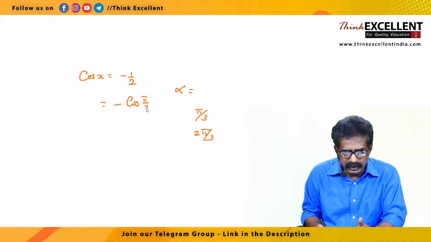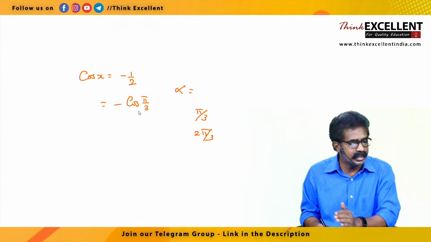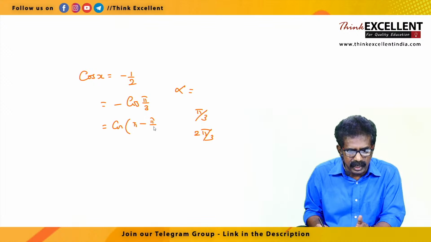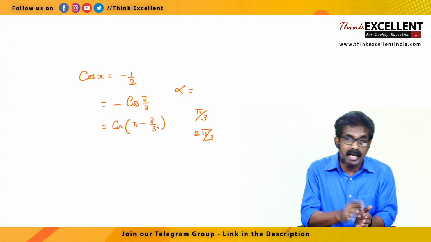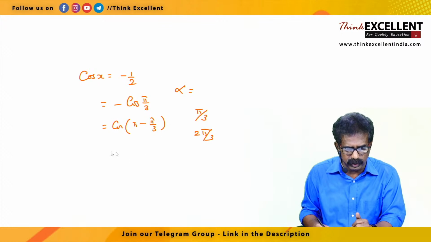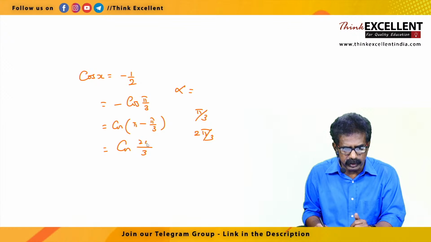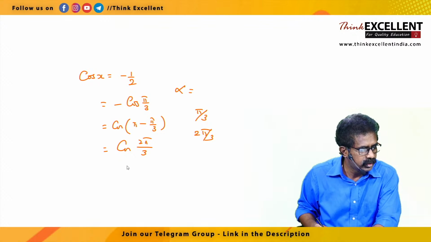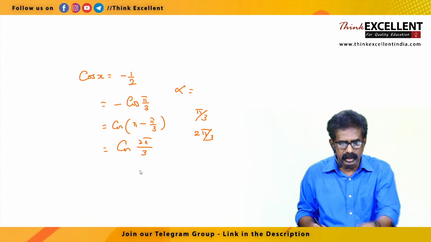Pi by 3, right? Now minus cos theta means it is cos pi minus theta. So it is cos 3 LCM 3 pi minus pi, it is 2 pi by 3. So 2 pi by 3 is the correct answer. Many students got it. Deepak, Franklin Charles also 120, that's correct. Then Subhash, Jenny, Sangeeta got the correct answer.